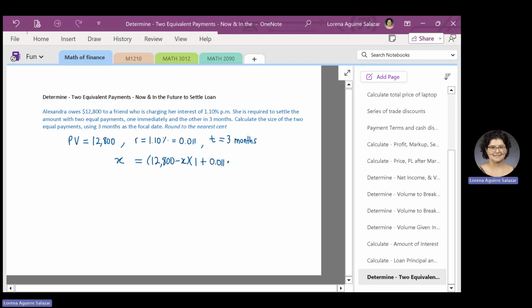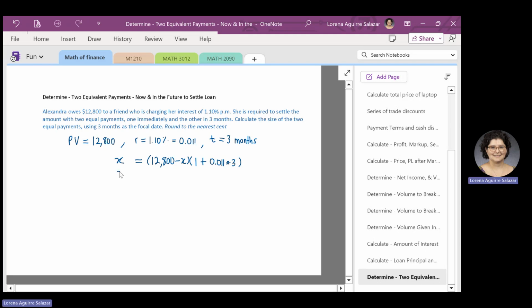So 3 months later, Alexandra is paying the principal that remains, $12,800 minus X plus the amount of interest charged for borrowing that money. And those two things should be the same, the X that she pays immediately and the amount of money that she pays later on to settle the debt. So X should be equal to this quantity on the right-hand side.